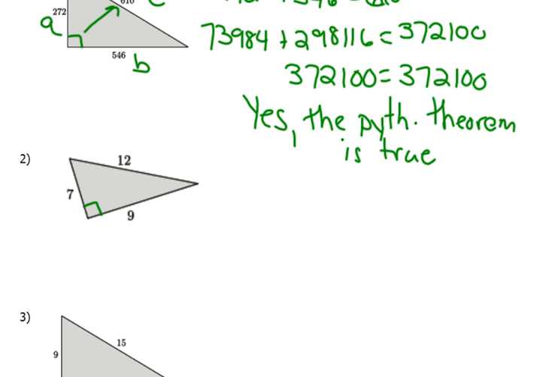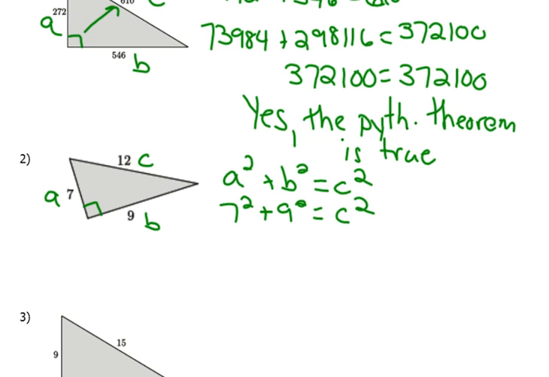So let me show you that way. Here's our right triangle, or our right angle, so A, B, C. But this time, I'm going to do it as if I were finding the hypotenuse. So I'm going to fill in 7 and 9, and I'm going to keep C squared. 7 squared is 49, 9 squared is 81. And when I add 49 plus 81 together, I get 130.